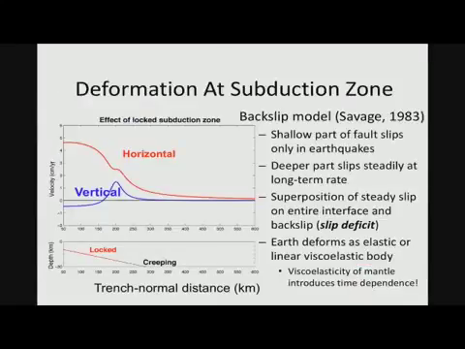Okay, to tie in a little bit with some of the things that Jeff said, remember he showed you this slide from his presentation. This is just a model of a locked subduction zone.